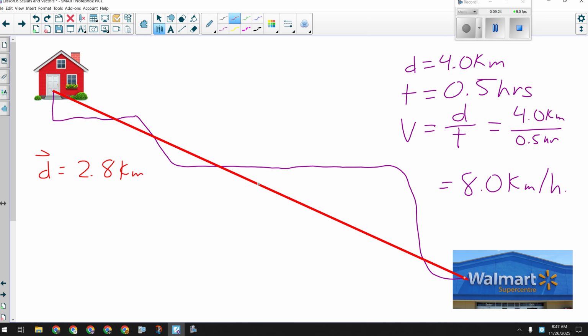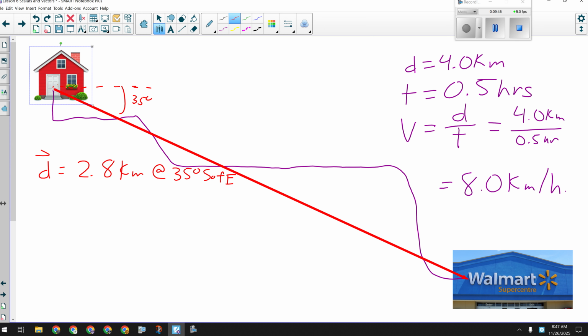And because it's displacement and it needs a direction, let's say it's at 35 degrees south of east. Because that's about what it is, if I was drawing a triangle here. This would be about 35 degrees. That's east, that's south, southeast.